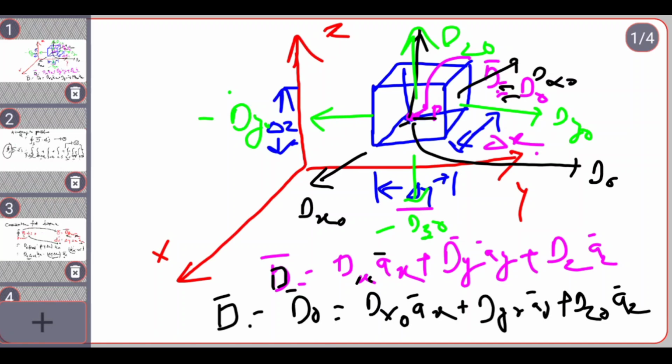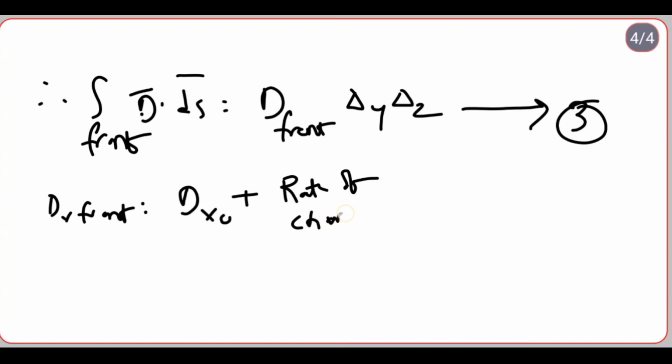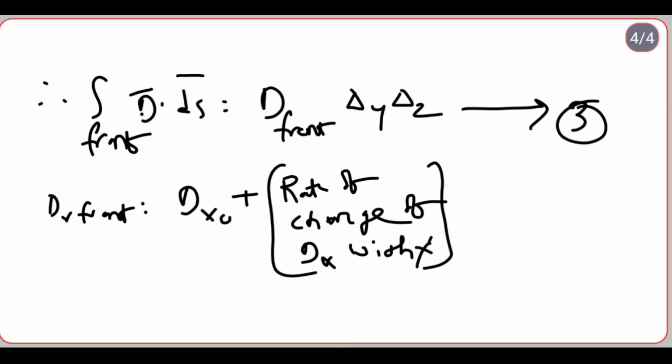At point P it is dx naught, while at the front surface it will be changed and is given by dx front equal to dx naught plus rate of change of dx with x into distance of surface from the point P. That is, dx front can be written as dx naught, initially at origin the electric flux density, plus rate of change of dx with x-axis into the distance of the surface from point P.